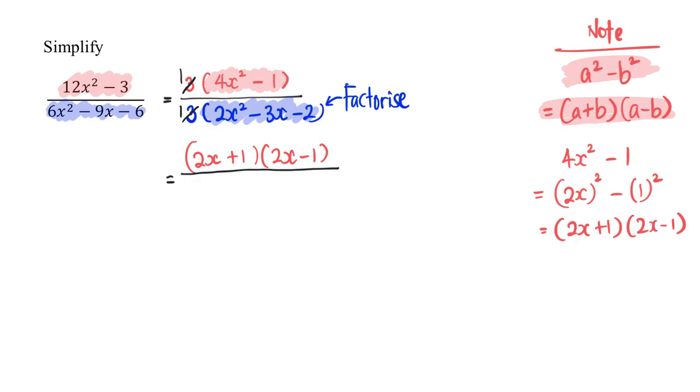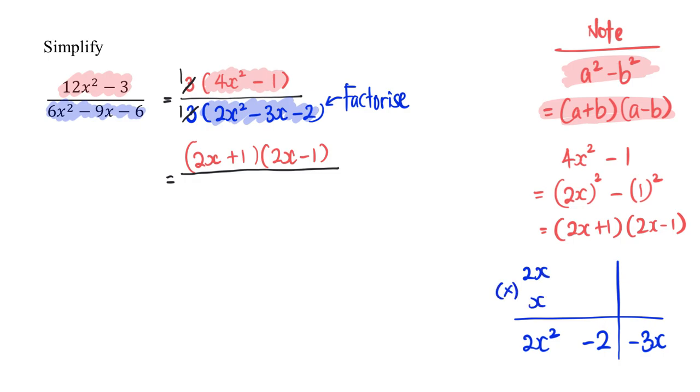Aha! We have learned about the cross method. 2x squared, negative 2, negative 3x. We must do it such that here is 2x times x. We must position it such that we are able to get negative 3x. And this is the way, because I will get 4x. X times 1 is x.